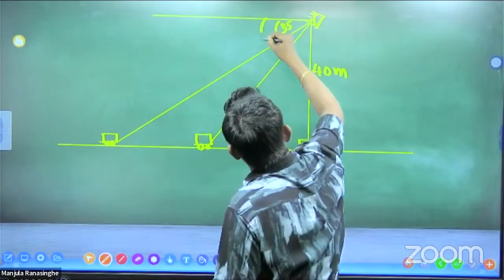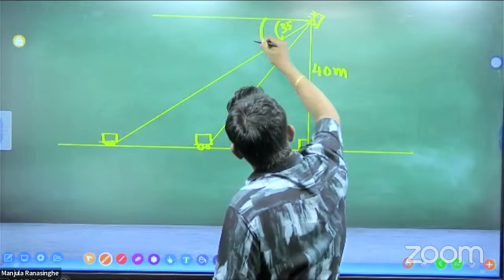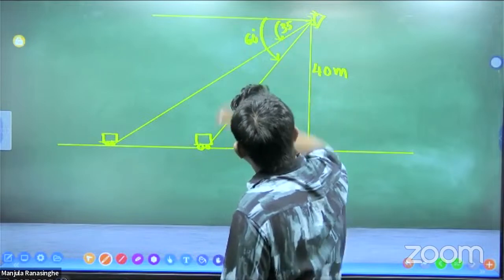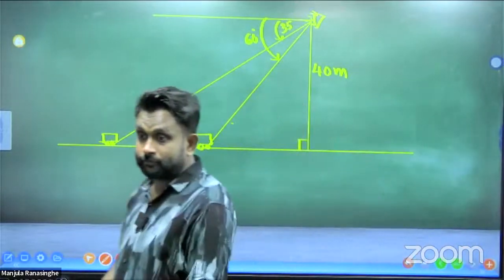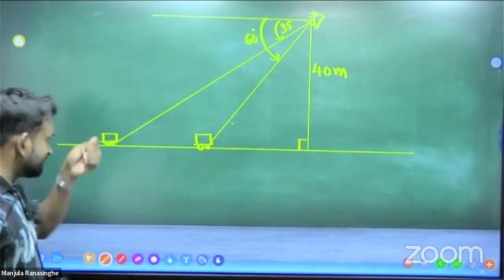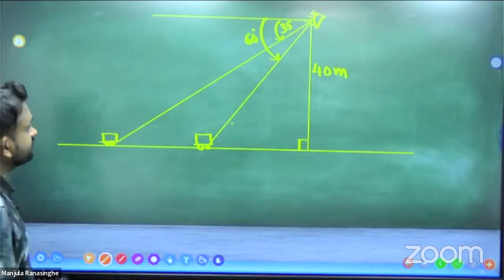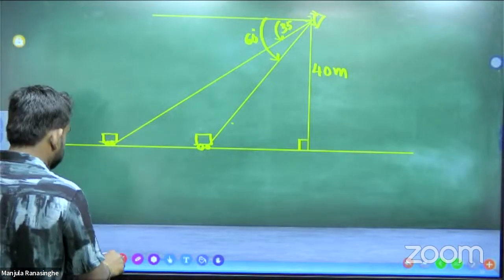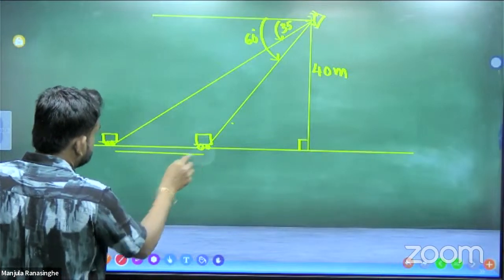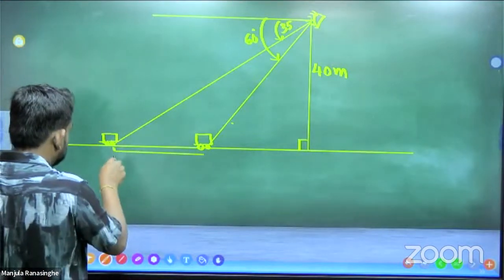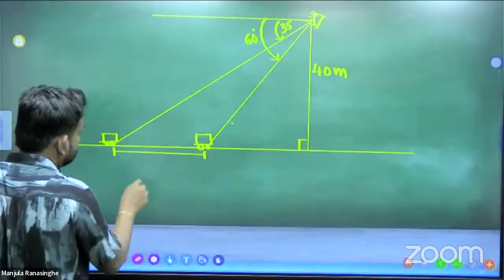This depression is 60 degrees. Okay, so this is our diagram. Now they ask him what is the actual distance of these 2 points. That means here to here, what is the actual distance they are asking? This distance, the actual one.